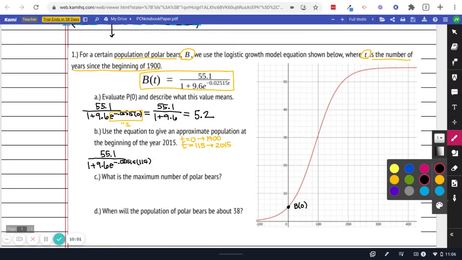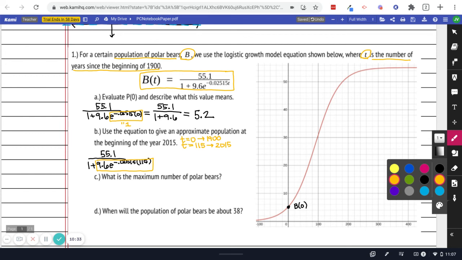So we can figure it out all together. So far we've done just this part right here, and that was about 0.5323. I'm going to add a 1 to that. Now I'm going to get 1.532333. Then I'm going to take 55.1 and divide.